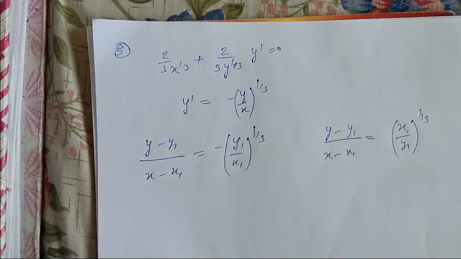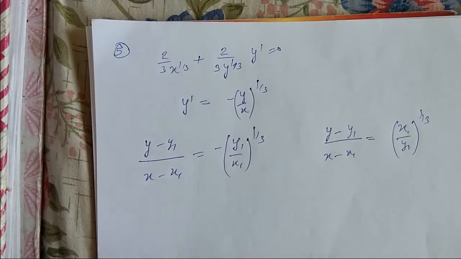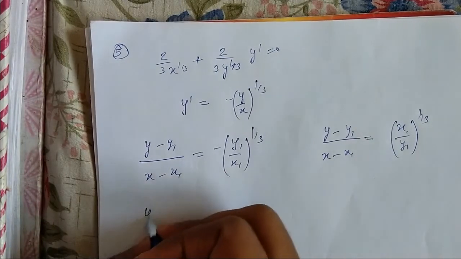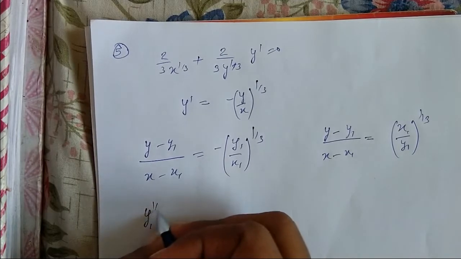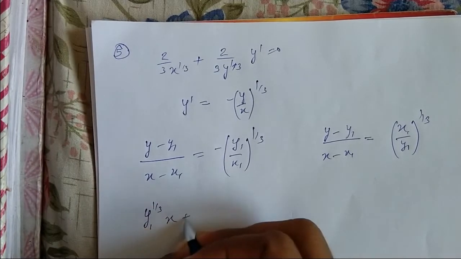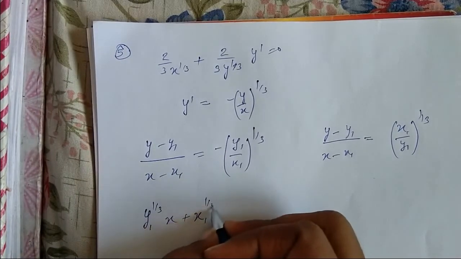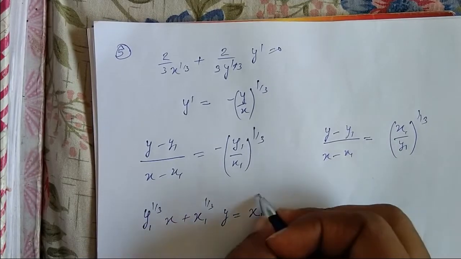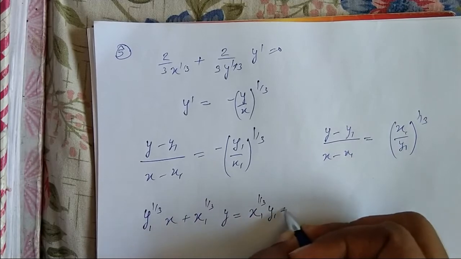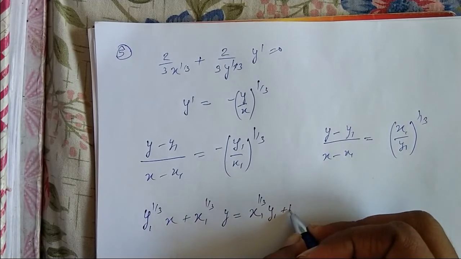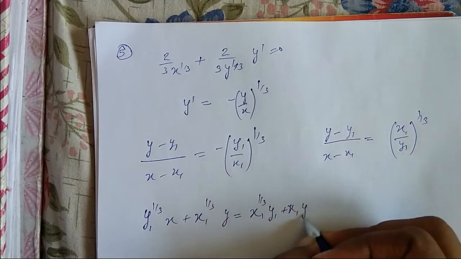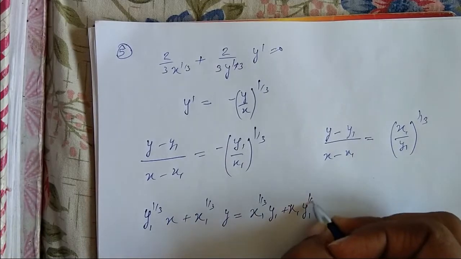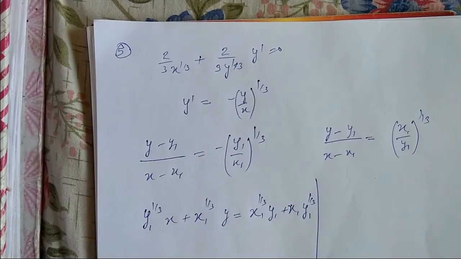Now simplifying the equation of the tangent, we get y1 power 1 by 3 x plus x1 power 1 by 3 y is equal to x1 1 by 3 y1 plus x1 y1 power 1 by 3. Similarly, we can obtain the equation of the normal.